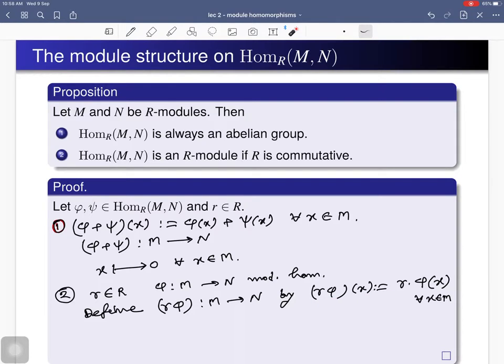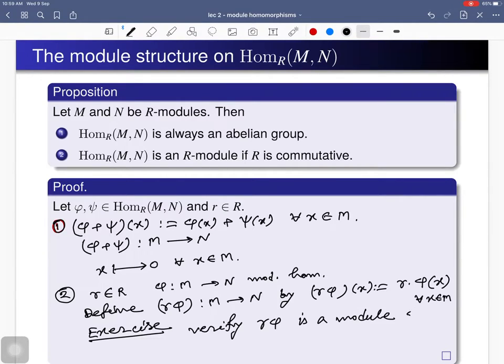So r is a scalar coming from R and phi of x is an element of N. So this scalar multiplication is happening inside N, and if you define it in this way, then you can prove that this is a well defined map, and also you can verify that when your base ring is commutative, this r times phi is a module homomorphism. Again I will leave it as an exercise: verify r times phi is a module homomorphism if R is commutative.